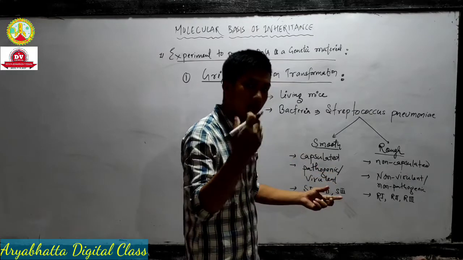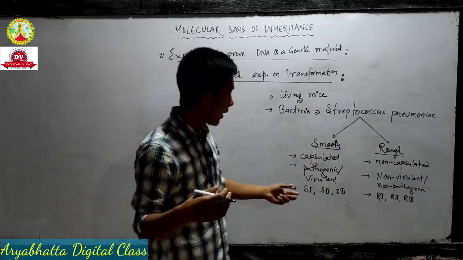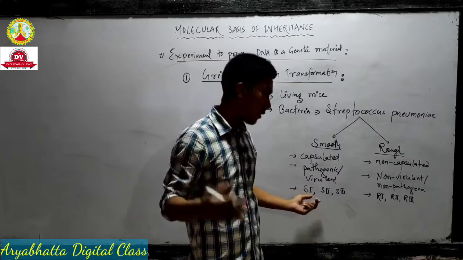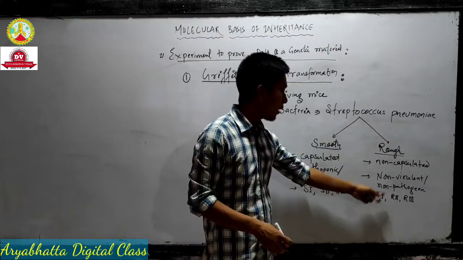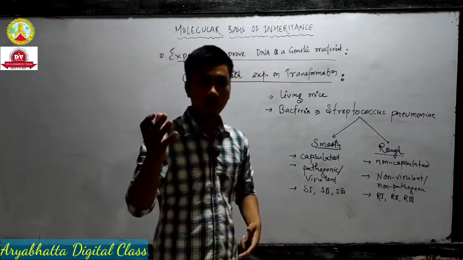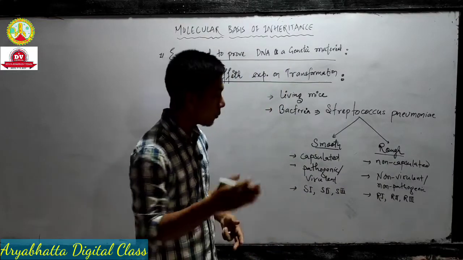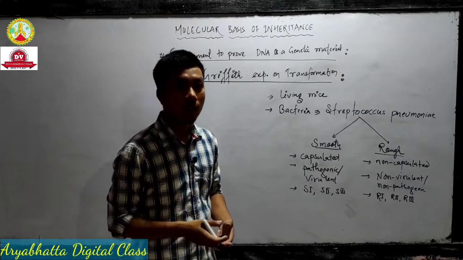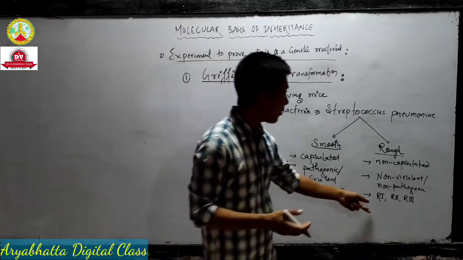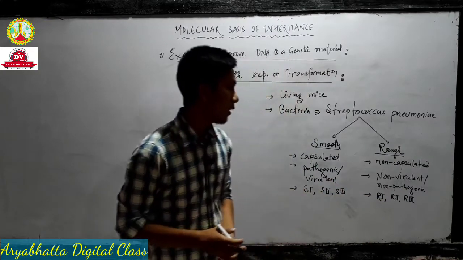He reproduced many smooth bacteria and put them in separate plates. Similarly for the rough one, he took out various rough bacteria and put them in many separate petri dish plates, and gave them names R1, R2, R3 and so on.